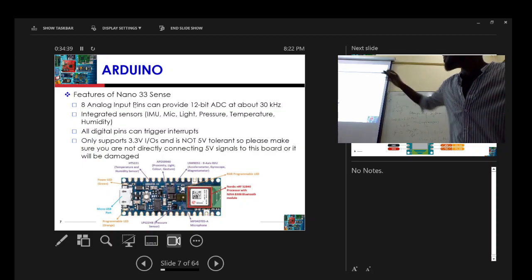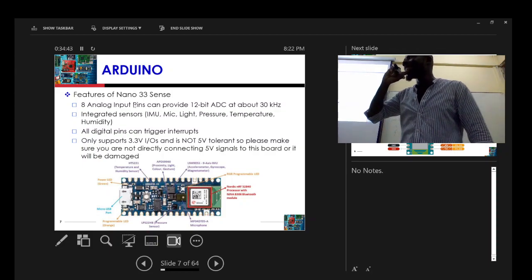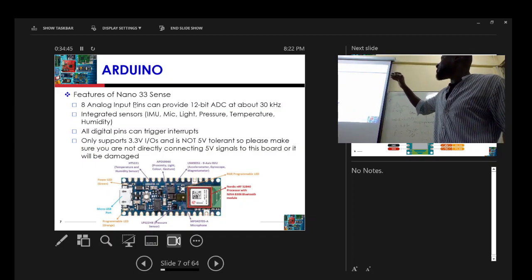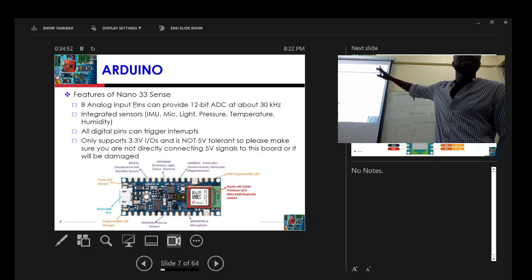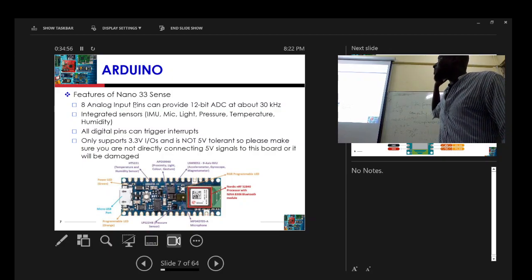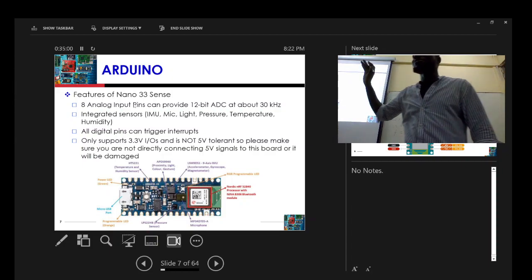Here we have 8 analog pins, and the 8 analog pins can provide a 12-bit ADC at 30 kilohertz. Who understands that statement? 12-bit ADC at 30 kilohertz. You guys are telecom engineers.